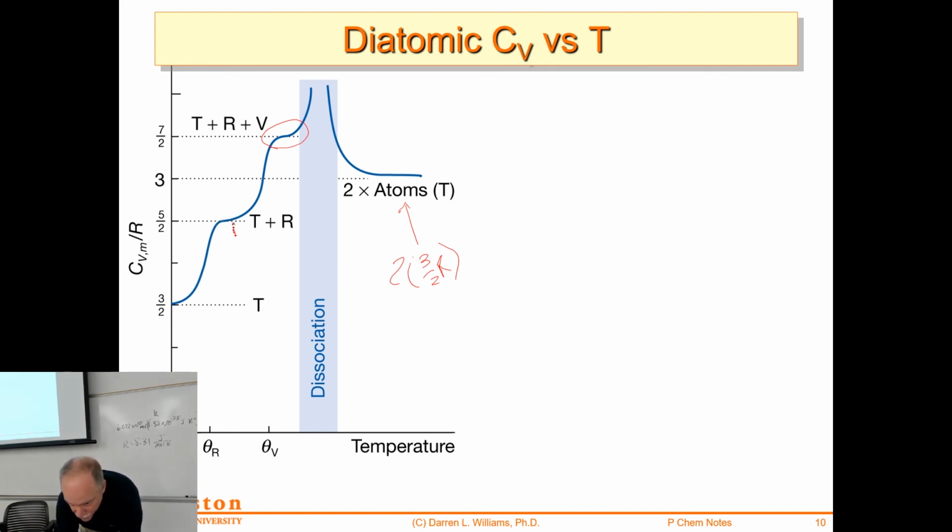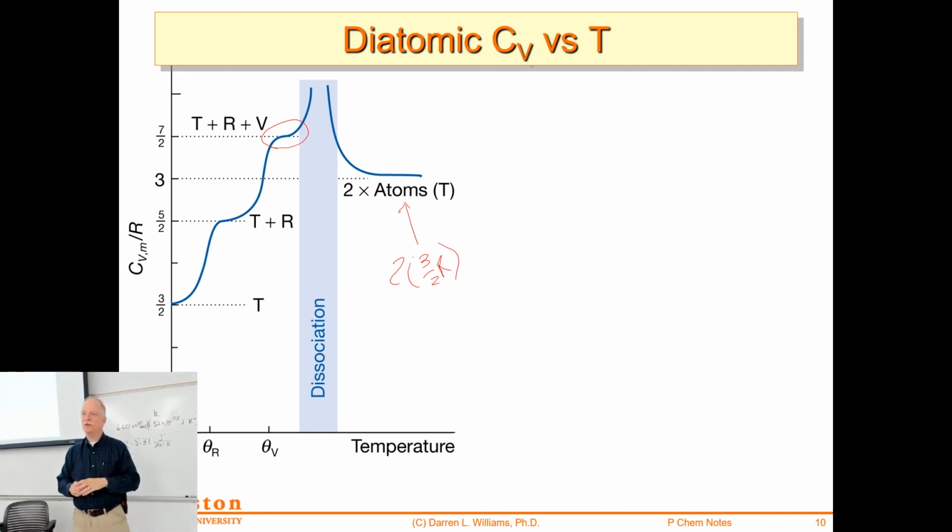And then if you were to get hot enough for the vibrations, then it would jump up another 2/2 RT. But then eventually, if you're trying to excite the molecule electronically, the electrons go to antibonding orbitals and the molecule dissociates. So what does it mean to excite the molecule electronically? You're going to move electrons to antibonding orbitals, and the bond order is going to go to 0, and the atoms are going to come apart.